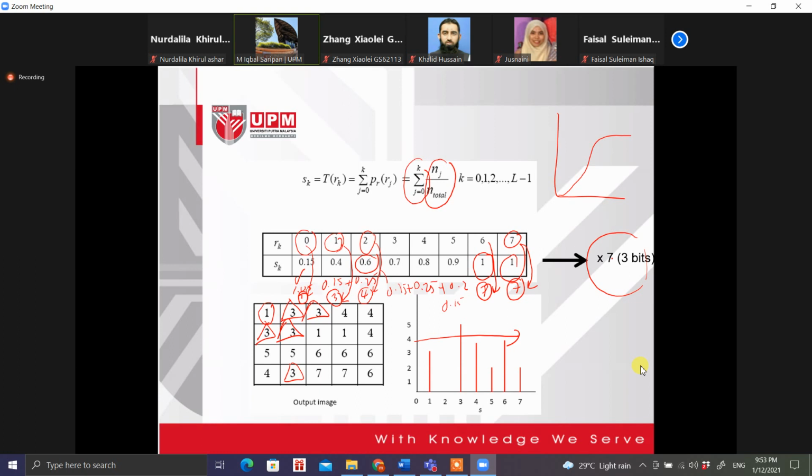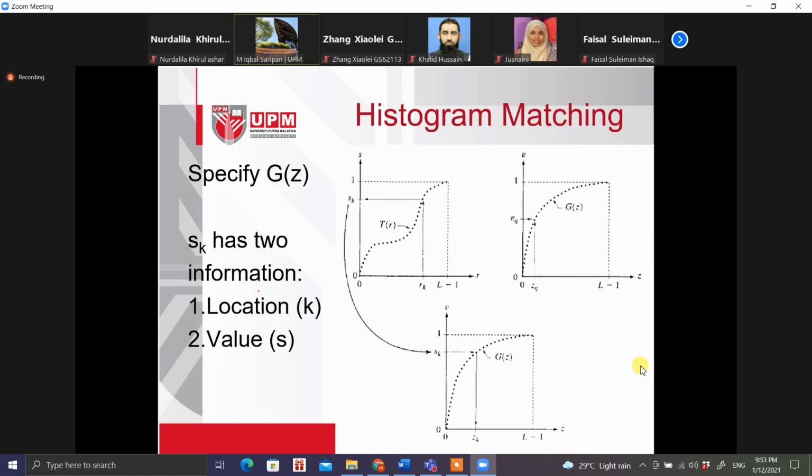Now, instead of relying on the cumulative density function, I can also introduce any types of transformation function. It could be like this, like this, like this. I can introduce any transformation function.